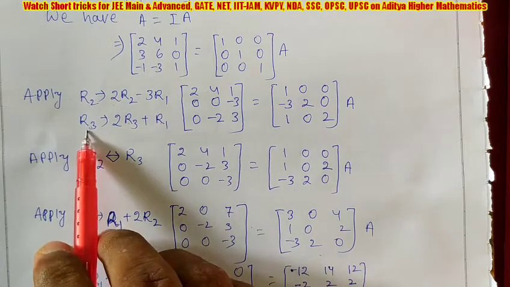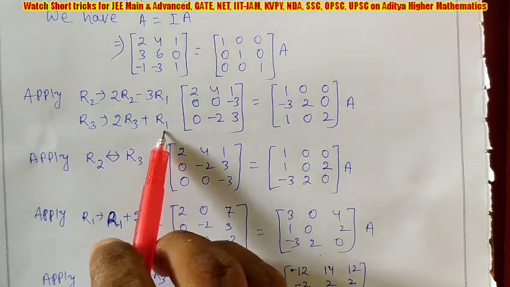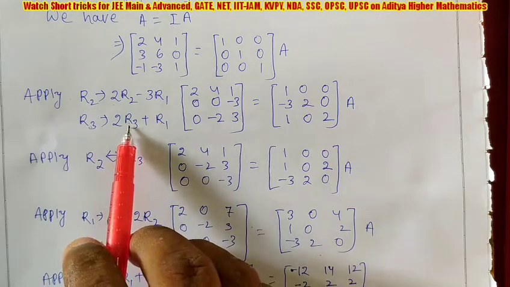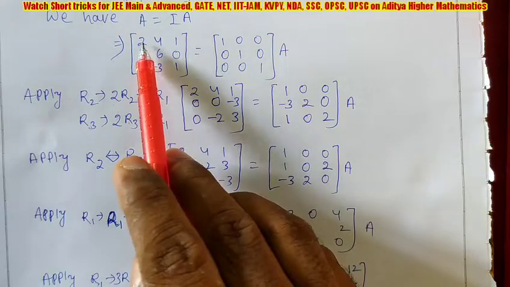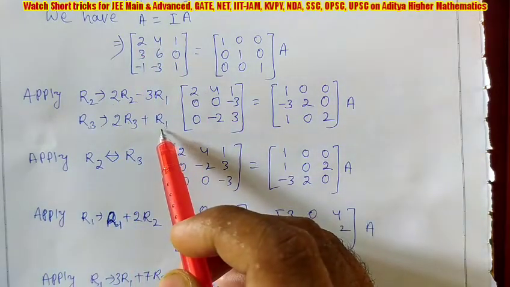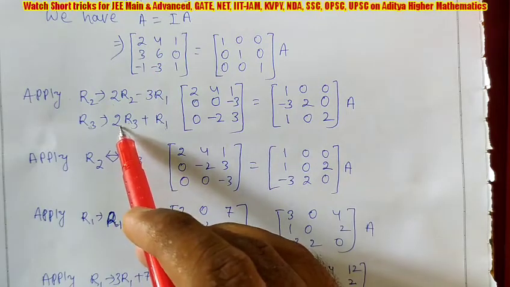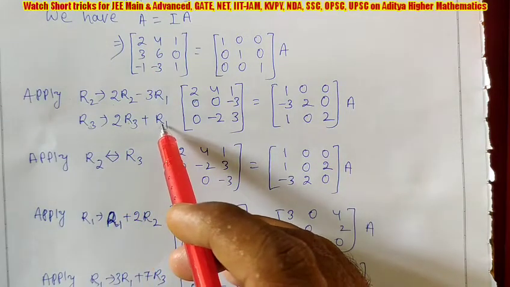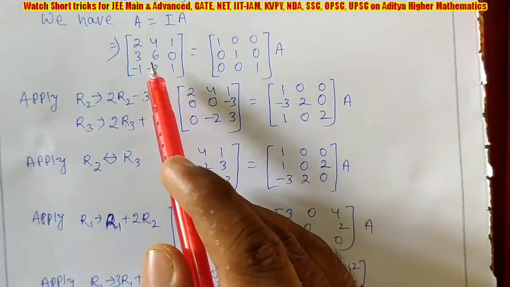Now change R3. When you are changing R3, write first R3, then write R1. In R3 the number we have to take is from R1, because its next row is R1, so it is 2, and we write it as the coefficient of R3. But in R1 it is actually minus 1, so you only take its number, no need to take the sign.